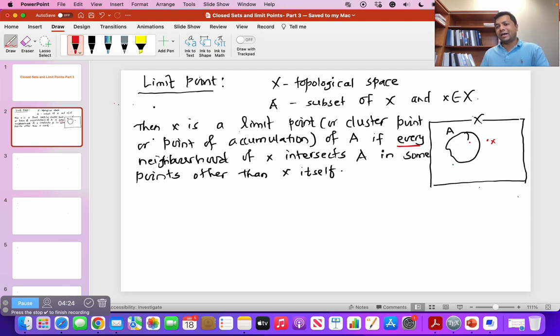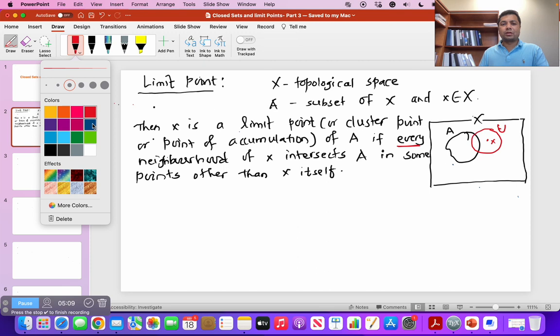Let's say this is the open set U, an arbitrary open set containing the point x. That means U is an arbitrary neighborhood of x. If x is outside of A, then this U intersects at some point of A. And if x is inside of A, then the arbitrary neighborhood U of x should intersect A at some point other than x.